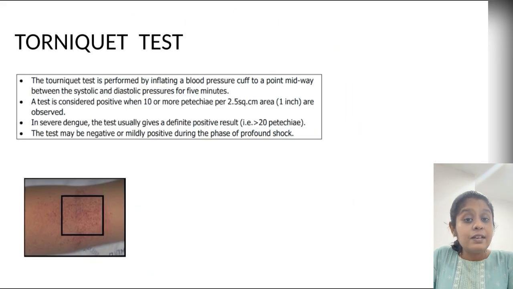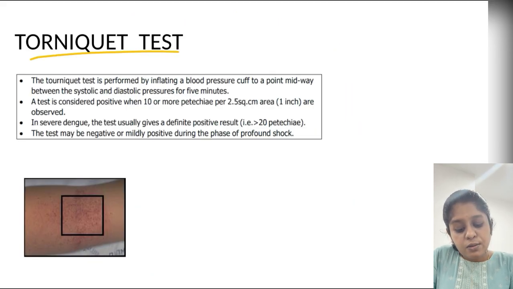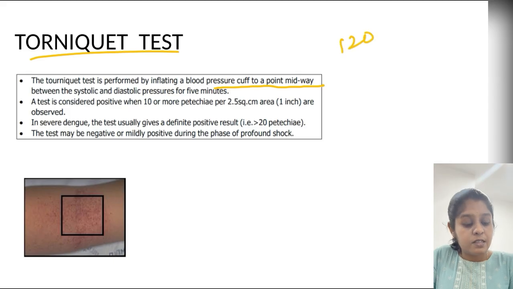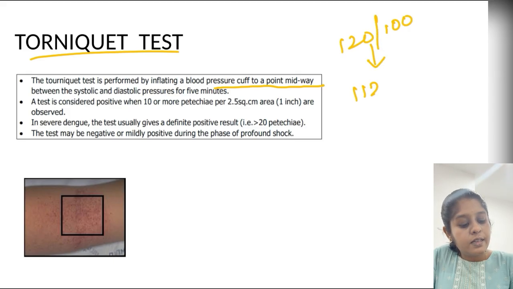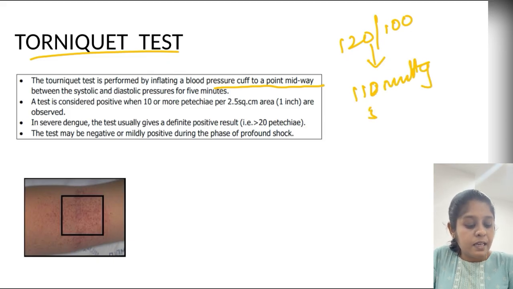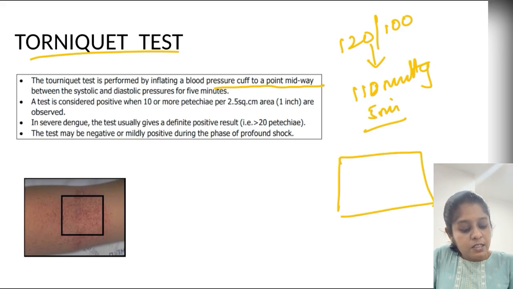So let's see what tourniquet test is. So tourniquet test is performed by inflating a BP cuff to a point midway between systole and diastole for 5 minutes. So if the patient's BP is 120 by 100, you keep the BP cuff at 110, keep it for 5 minutes, and what do you see? You take a 1-inch square.